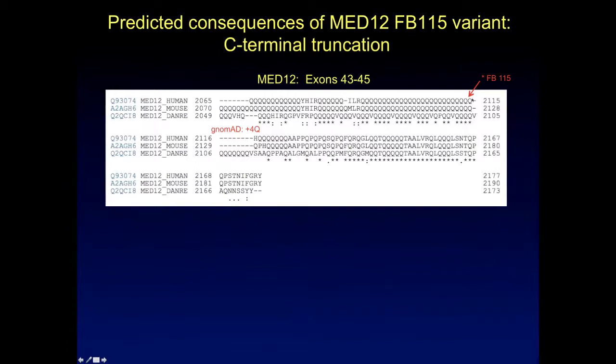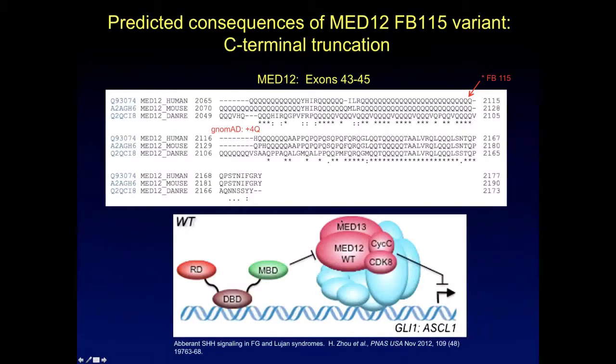However, if you cause a single base pair change here, you'll get a frameshift, and you would then truncate the C-terminus of this mediator, which is, of course, an essential component of the RNA polymerase activity complex.